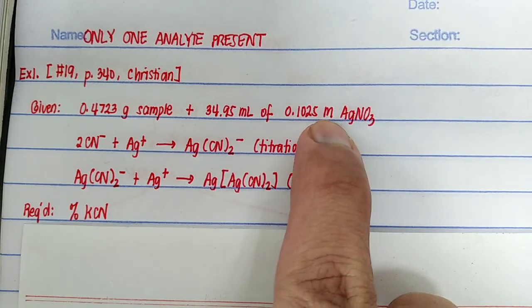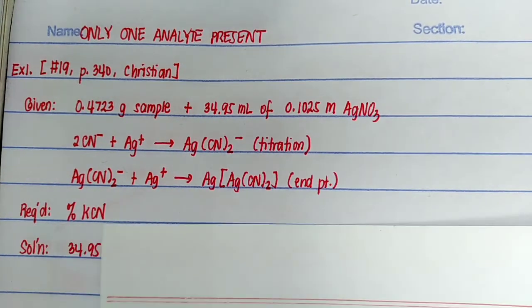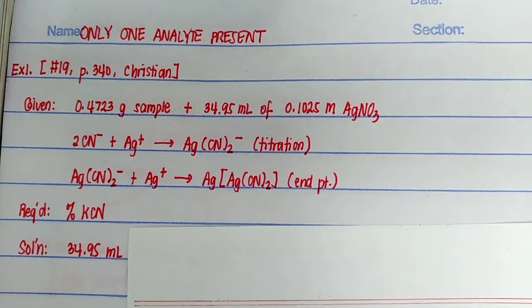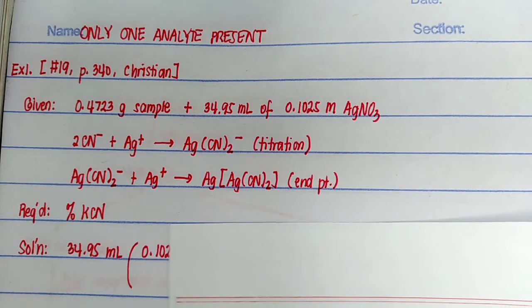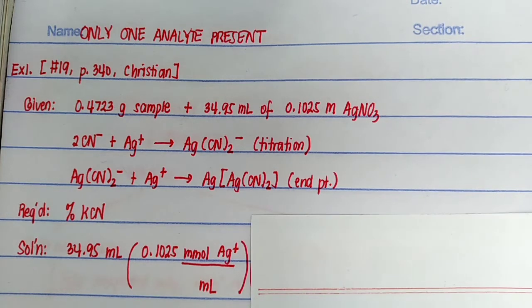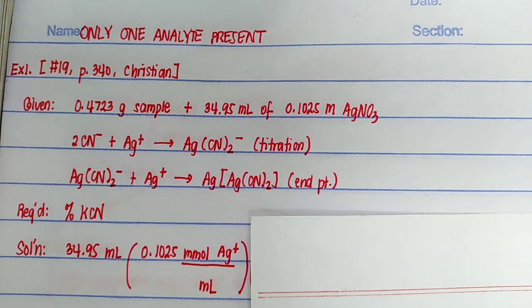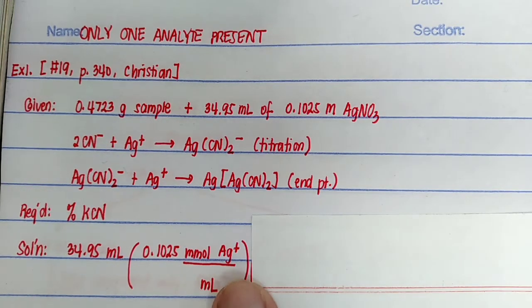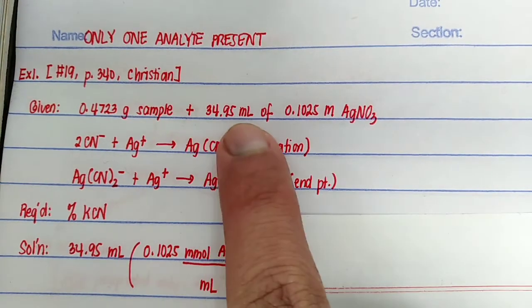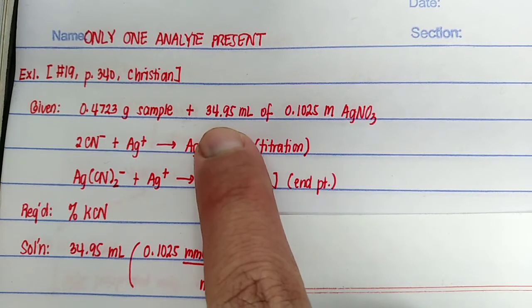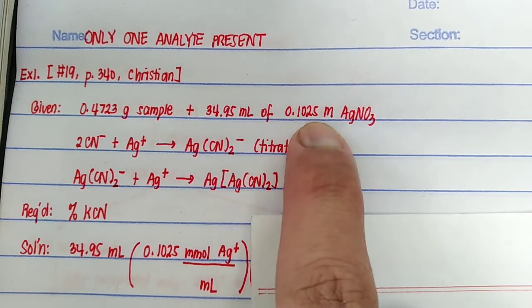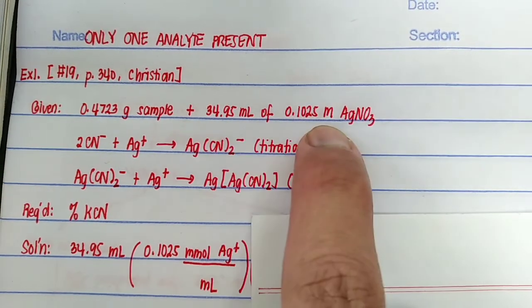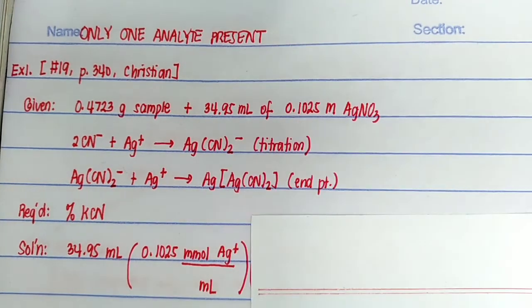These two, when multiplied together, 34.95 ml multiplied by the concentration should give us the number of moles of the silver ion. So that's very easy data to obtain just by multiplying these two. So we're always on the lookout for these two data placed together.